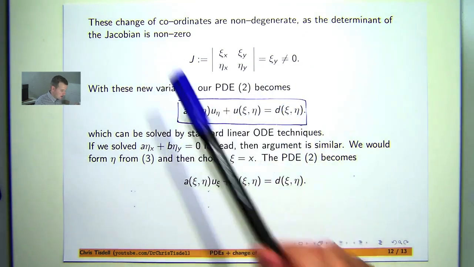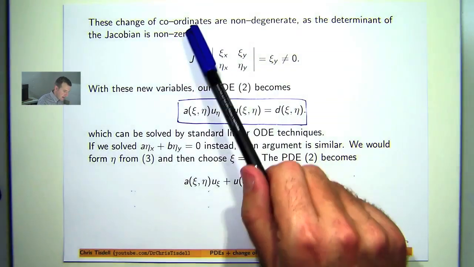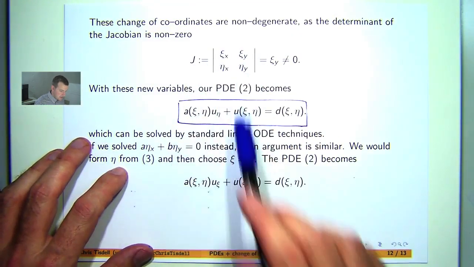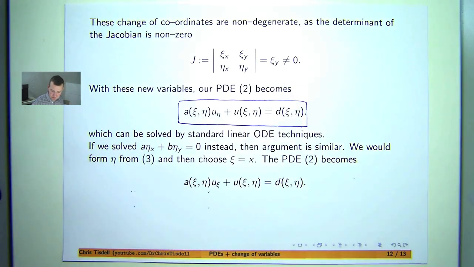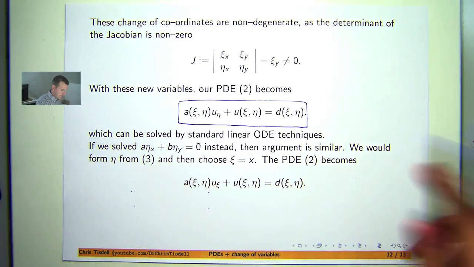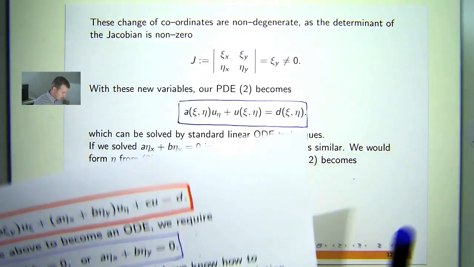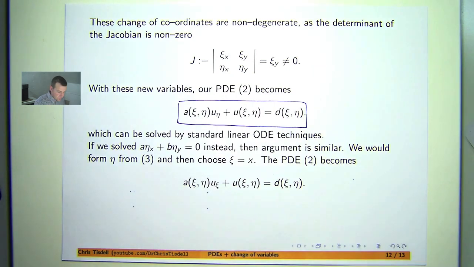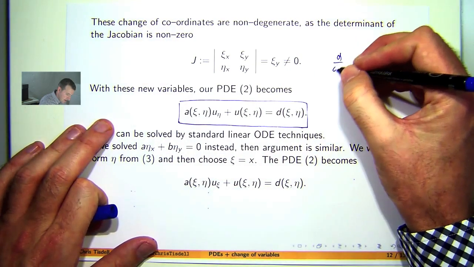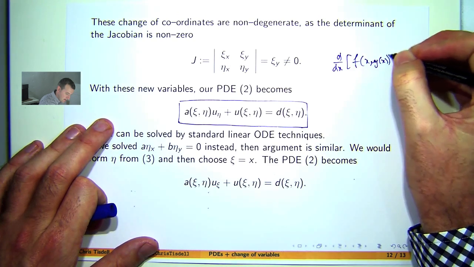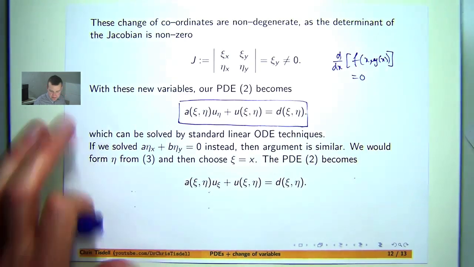Now, just as an aside, the change of coordinates here and here are known as non-degenerate, as the determinant of the Jacobian, which can be worked out as this determinant here, is non-zero. Well, why is this non-zero? If this was 0, then psi sub x would also have to be 0 from this equation here. And then if you take the derivative of this, you get 0.